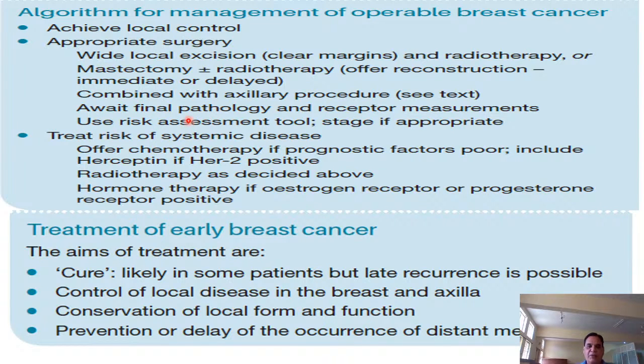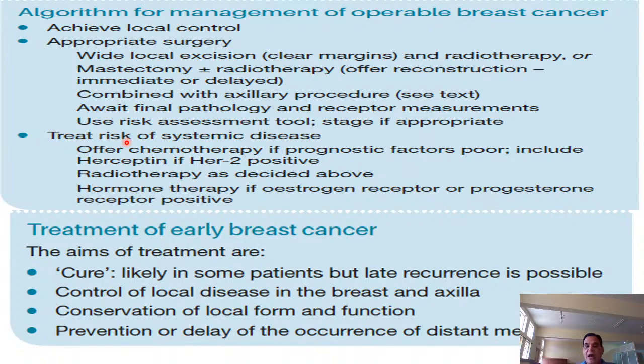For chemotherapy, treat the risk of systemic disease. This is more important. How are you going to do it? Chemotherapy if the prognostic factor is poor, and include Herceptin if HER2 is positive. Herceptin is a very costly drug. Radiotherapy, hormonal therapy. And for early breast cancer, our aim is cure.